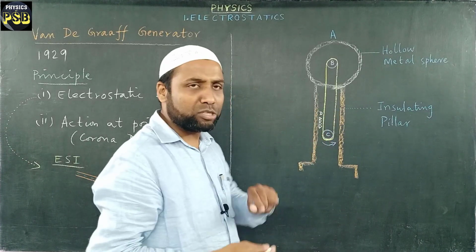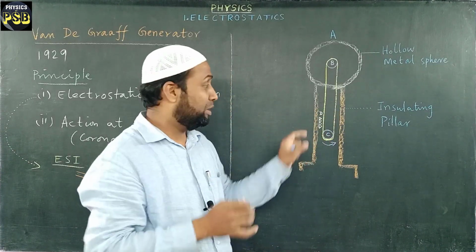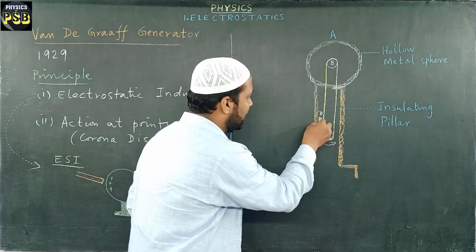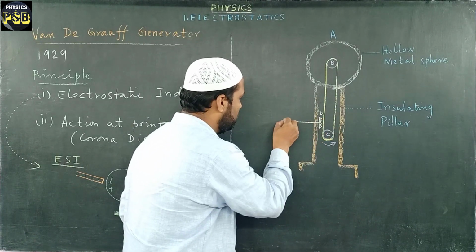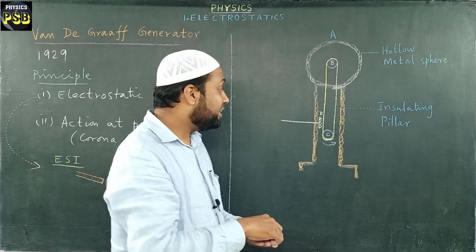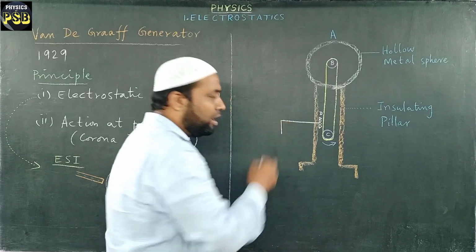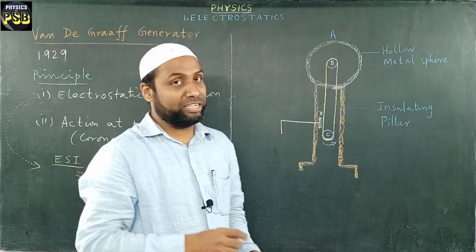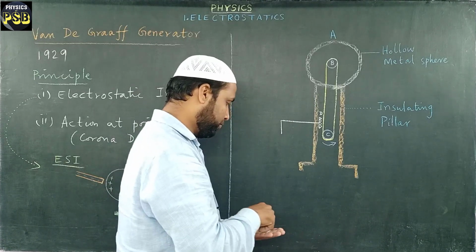This Metalcone has got sharp edges made of metal. It is attached to a high tension battery. Here tension represents voltage, a high voltage battery.